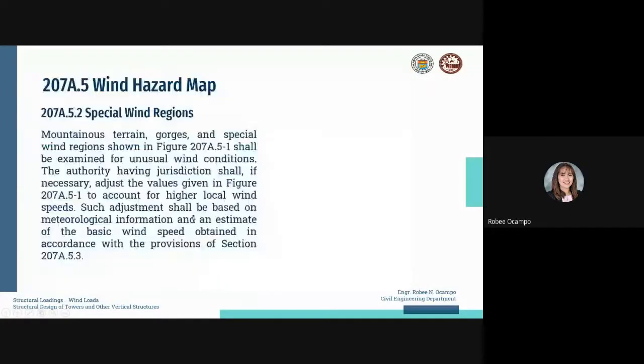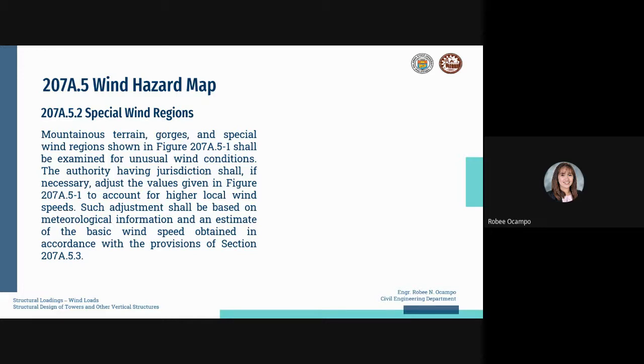Now, of course, there's also a provision for special wind regions. Mountainous terrain, gorges, and special wind regions shown in Figure 207A.5 shall be examined for unusual wind conditions. The authority having jurisdiction shall, if necessary, adjust the values given in the figure to account for higher local wind speeds.